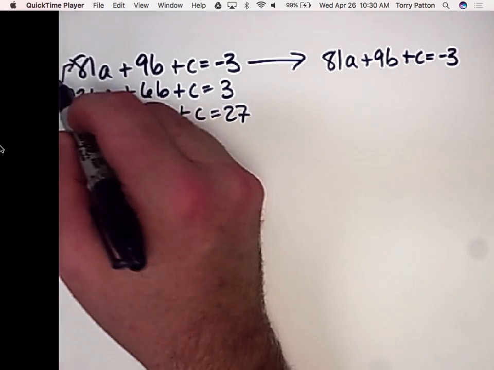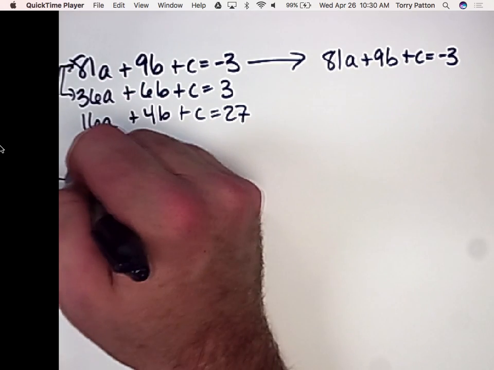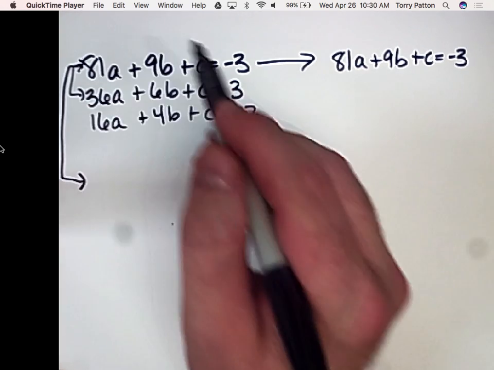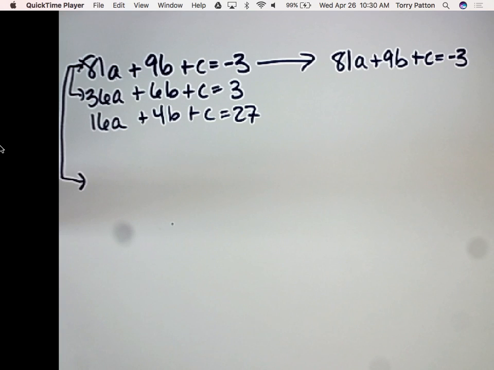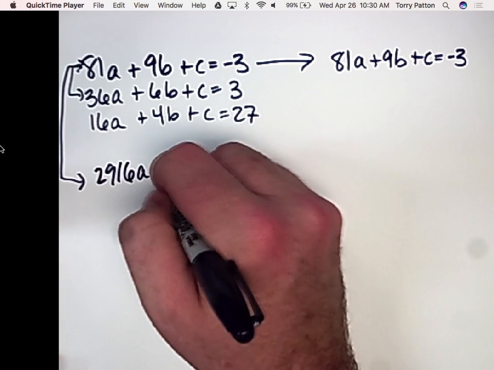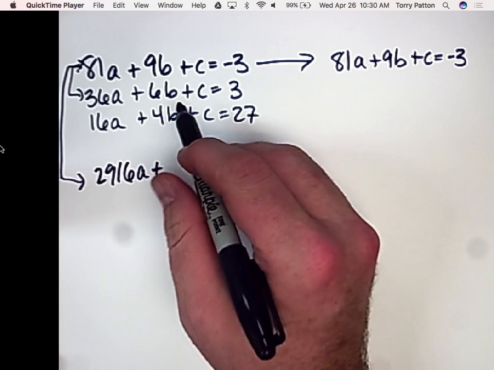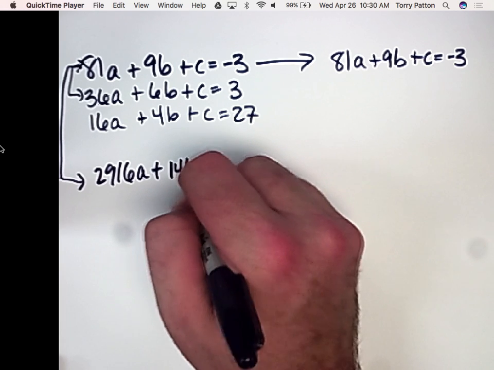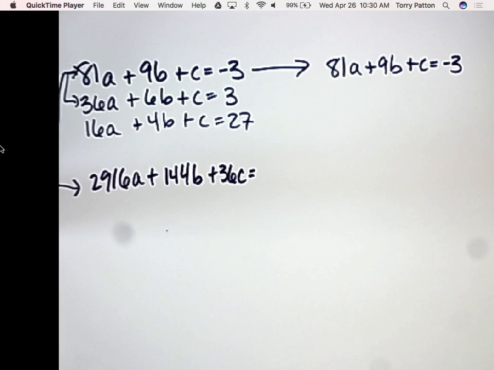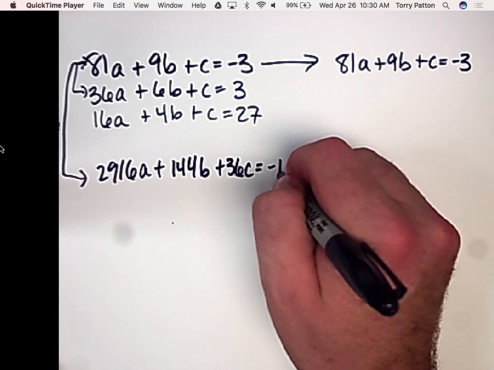So if we multiply the top one times 36, we're going to get 2,916a plus 36 times 9 is 144b plus 36c equals 36 times 3 is negative 108.